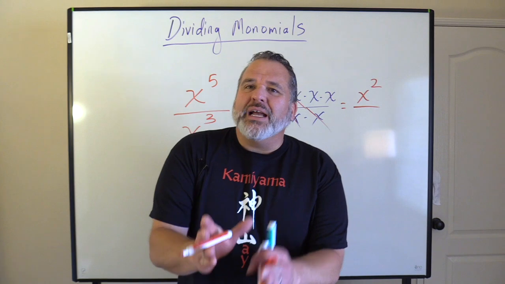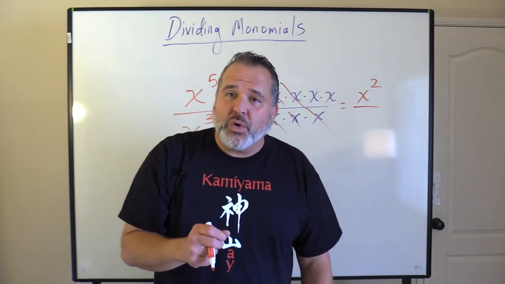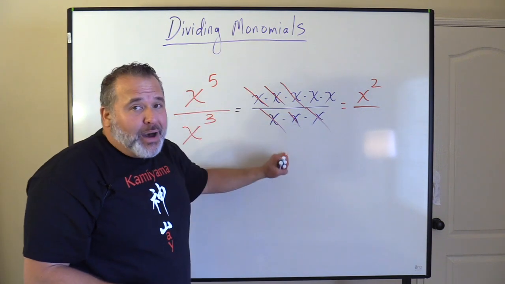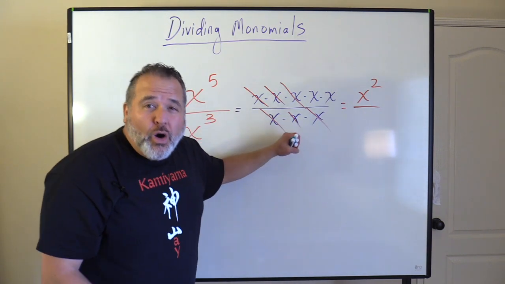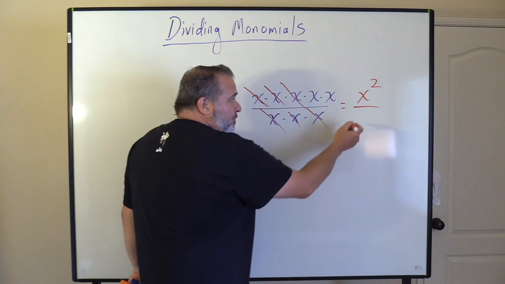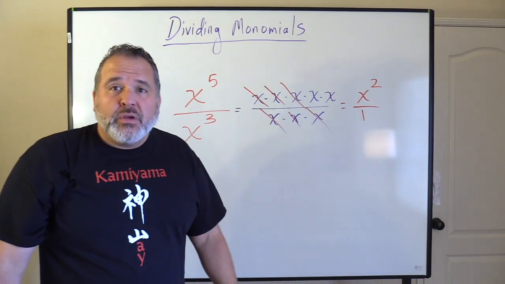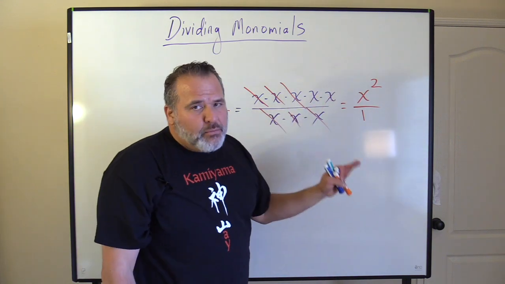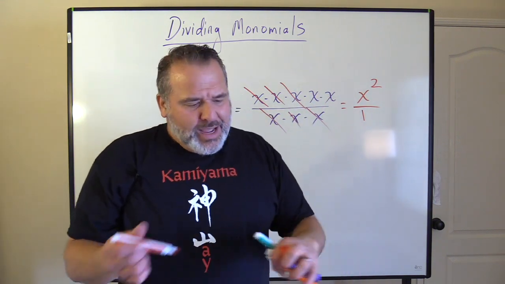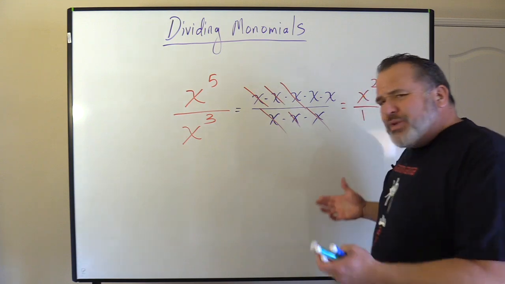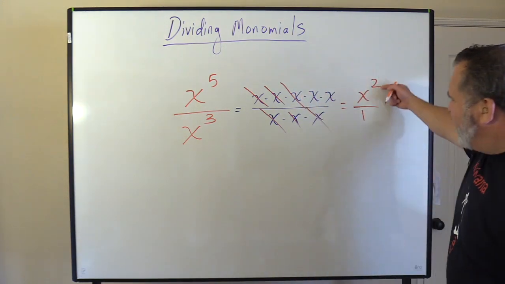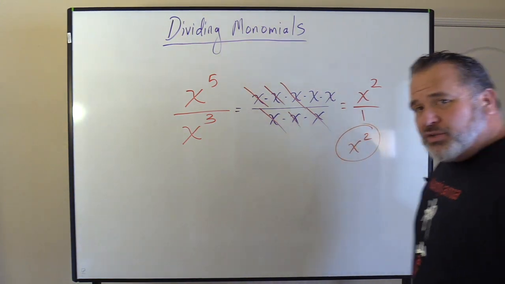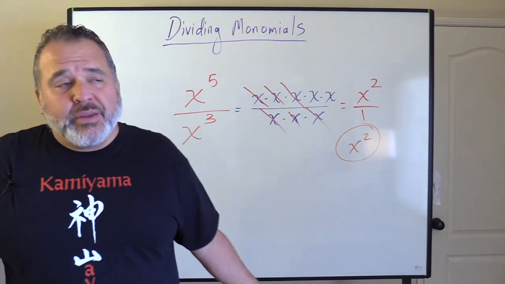No, just like when I said that 5 divided by 5 is 1. So when you cancel everything out on the top or the bottom of a fraction, you're always left with a 1. There we go. So x squared over 1. Now, if you take any number and you divide it by 1, you know what happens? You get the same number. So x squared divided by 1, people, is just x squared. And that's my answer, x squared. I'm done.